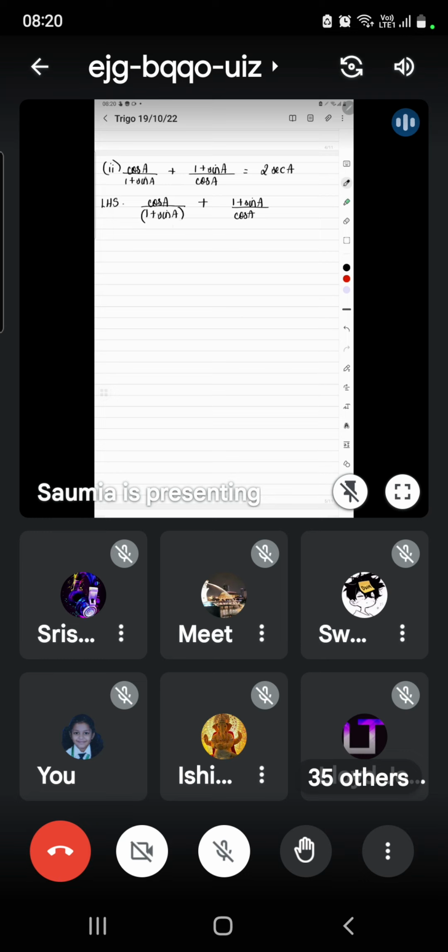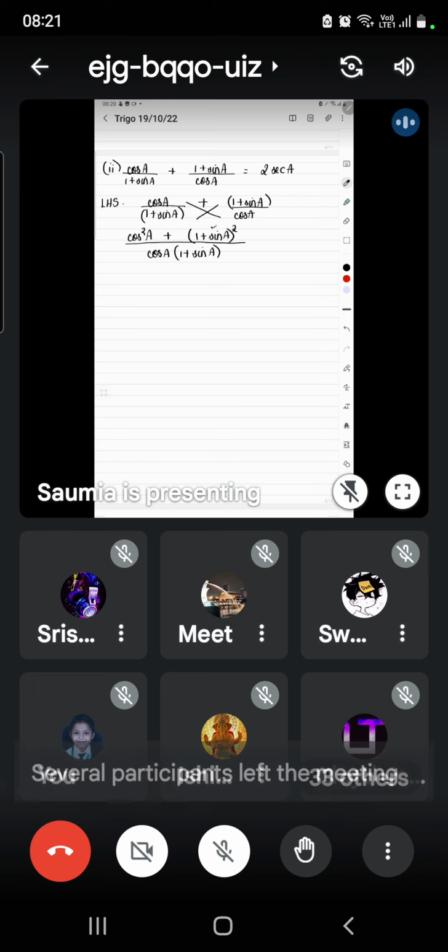Okay. That means I have two fractions which are to be added. So the first step is to have their denominators equal. But they are not. So we are going to cross multiply. Cos A into cos A is cos square A. And this will be 1 plus sin A the whole square upon cos A into 1 plus sin A. Okay.